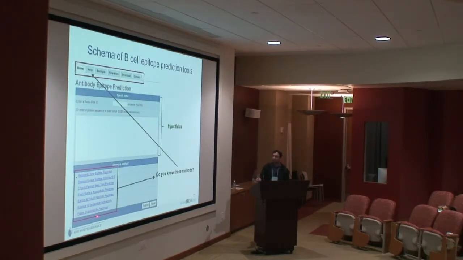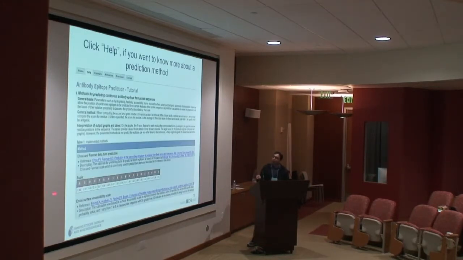You have the methods listed in here, BepiPred-2.0, and then other amino acid scales that Bjoern mentioned in his talk in the morning. Of course, if you want to know more about these methods, or want to see the format of the sequences or IDs you can enter, you can go to the help page and get information on the amino acid scales, actual values in there, the different score thresholds that we use. All the information is here.